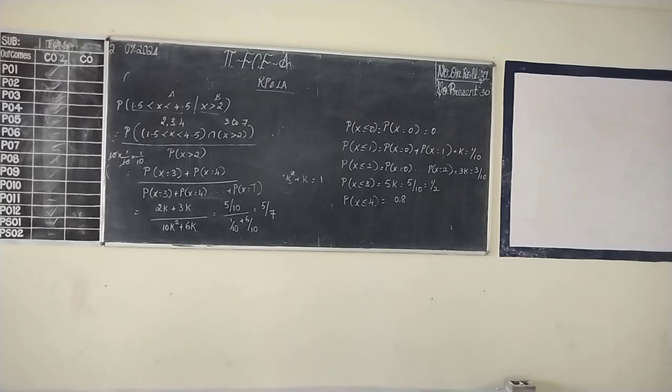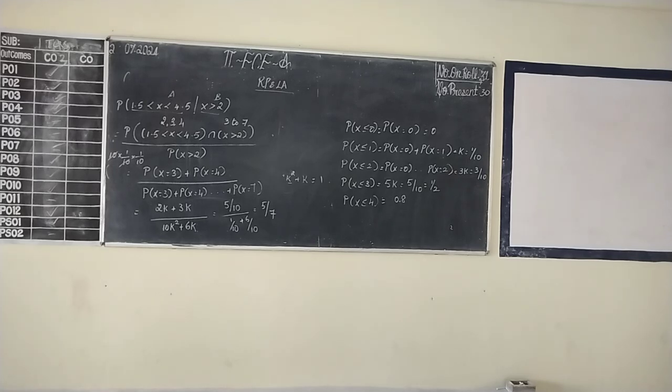Because K is the basic thing for solving this problem. If K is wrong, what will happen? All the subsequent steps will be wrong. So whenever you find an unknown, cross verify whether it is right or wrong and then proceed with the next one. Next step. Okay? Any other doubts? So now the questions will be like this for you. Other types of questions may ask you to find the probability of x less than or equal to 3.